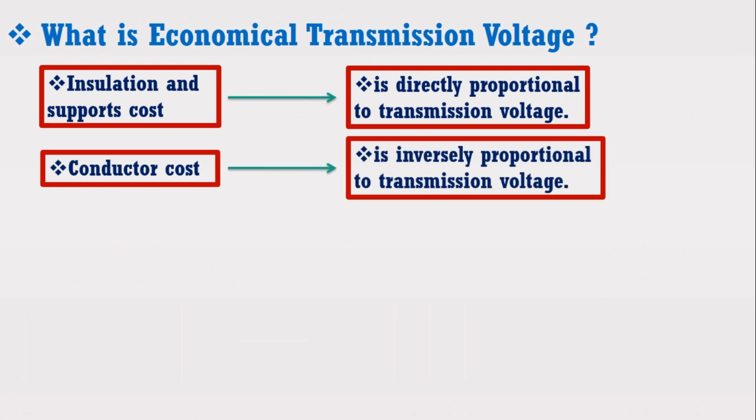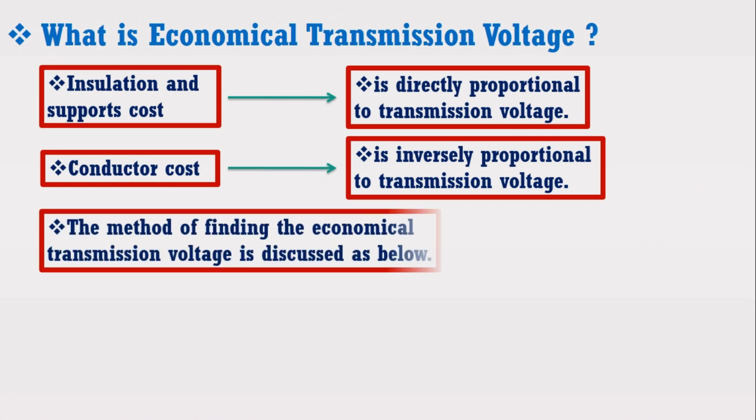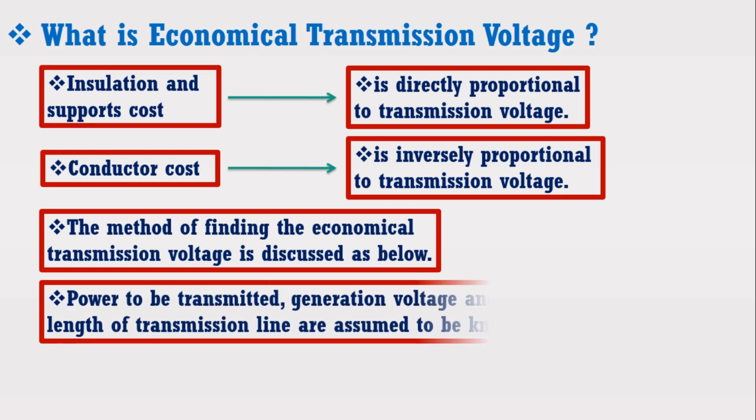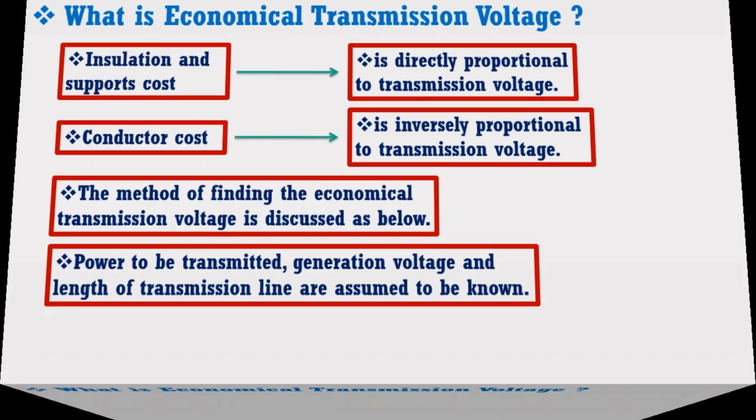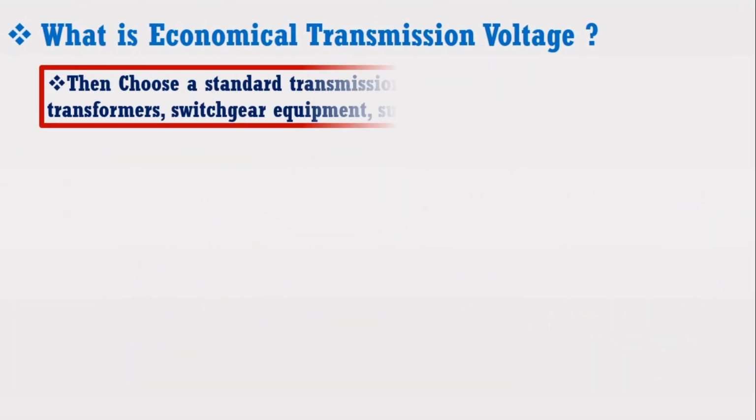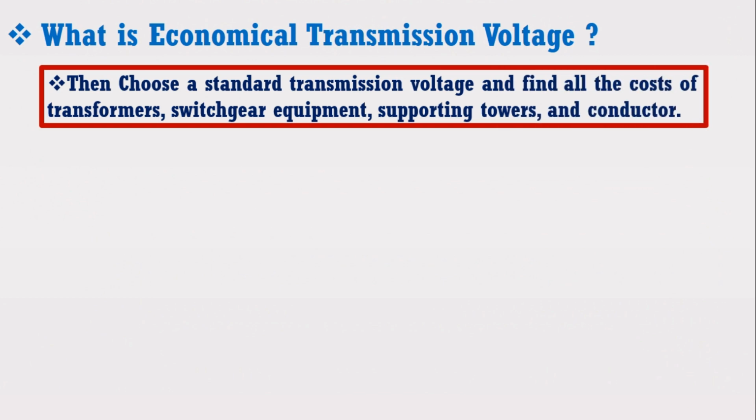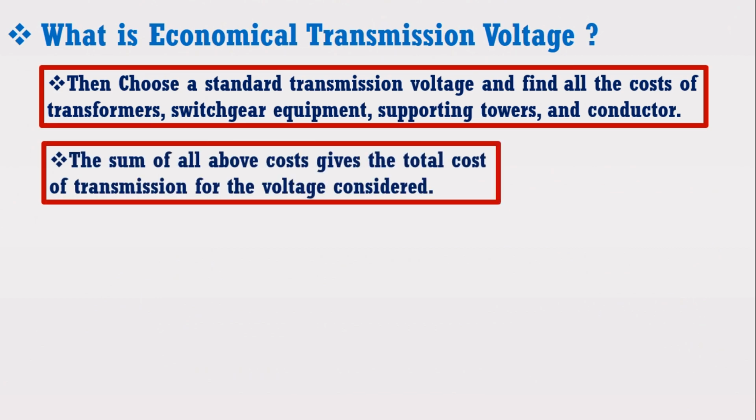Now the method of finding the economical transmission voltage is discussed as below. Power to be transmitted, generation voltage and length of the transmission line are assumed to be known. Then choose a standard transmission voltage and find all the costs of transformers, switchgear equipment, supporting towers and conductor. The sum of all the above costs gives the total cost of transmission for the voltage considered.